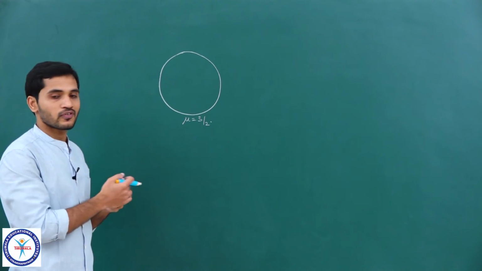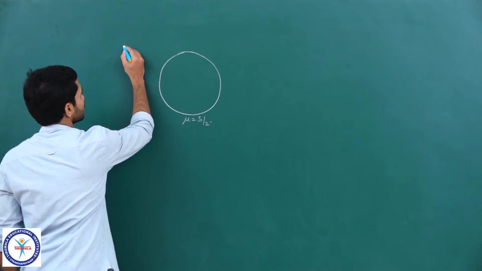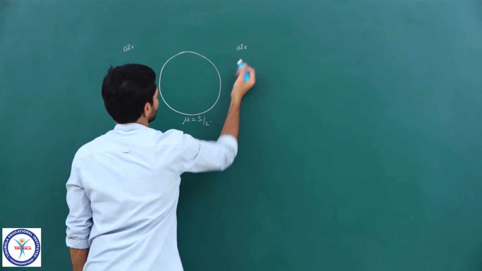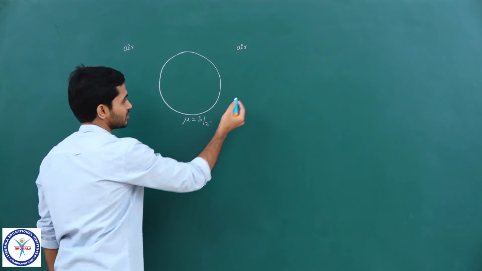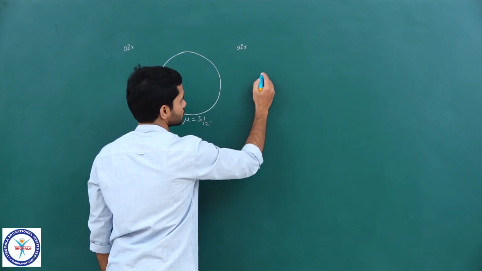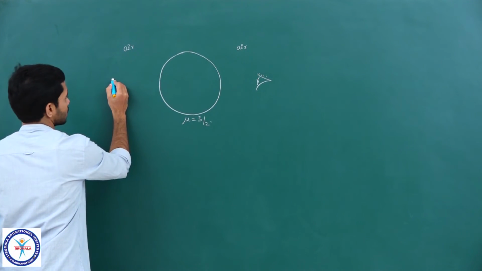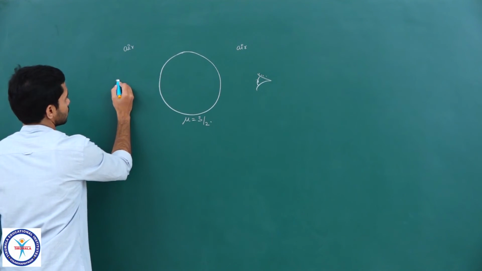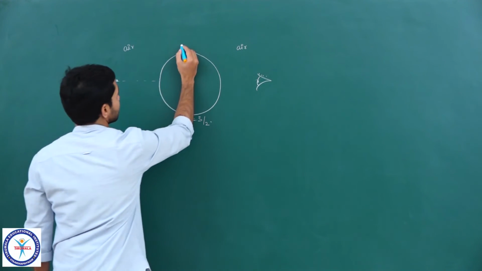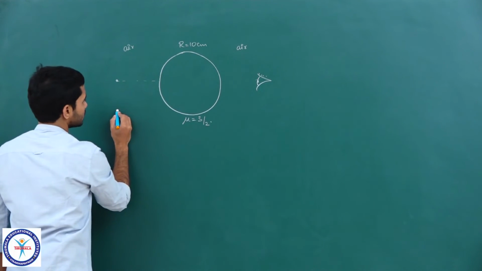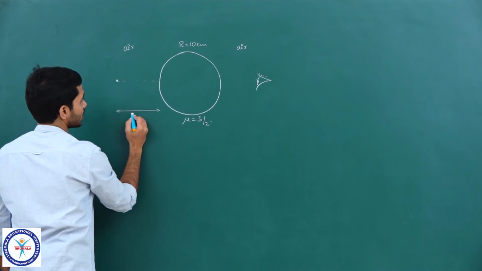But let us first solve for air medium, clear. So, this is air, this is air, clear. An observer is on this side and there is an object over here. Let us say the radius of this is 10 centimeters and the object is at a distance of 20 centimeters.